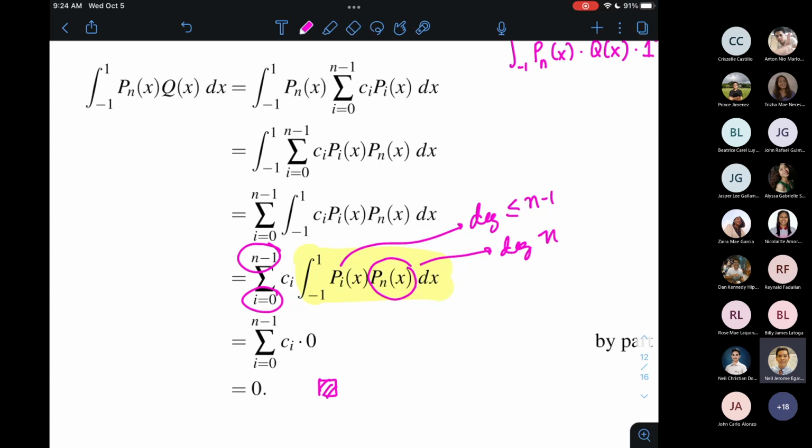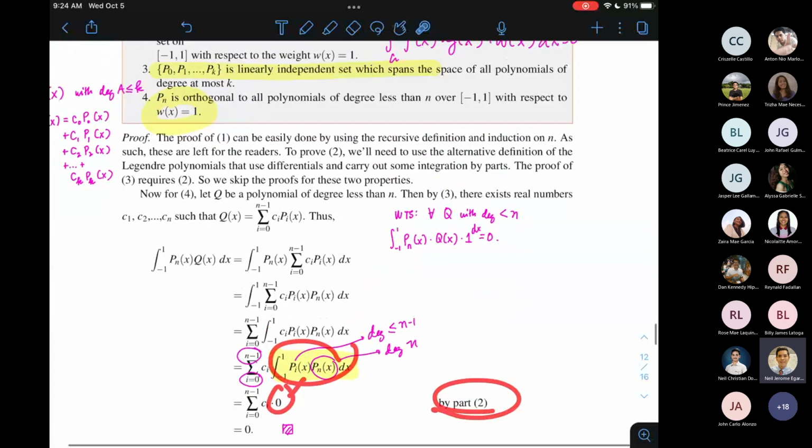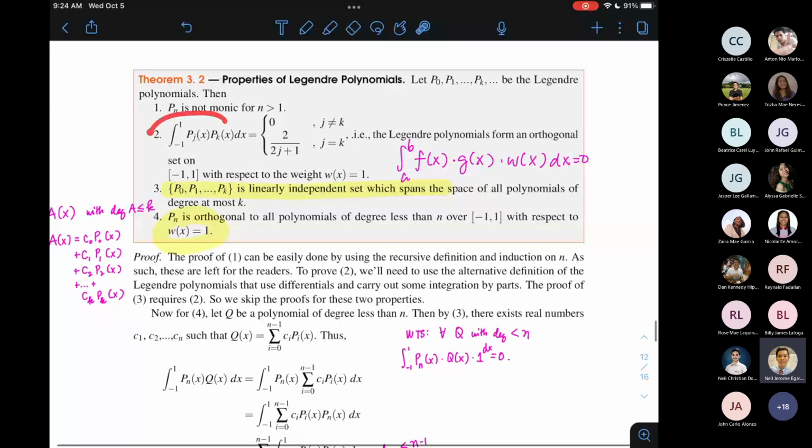Mitzi has a question on the chat. Bakit naging 0 yung integral? Ito. Bakit ito naging equal kay 0? Because of part 2 of the theorem. Sabi ko pala part 3, but that's part 2. Alright? Remember sa part 2 ng theorem na hindi natin pinrove, ang integral ng dalawang magkaibang Legendre polynomials ay laging equal kay 0.